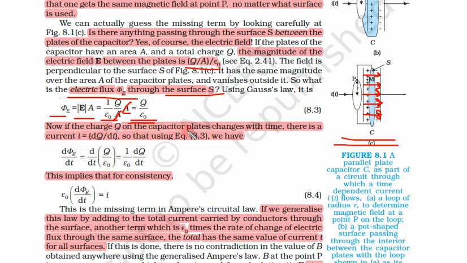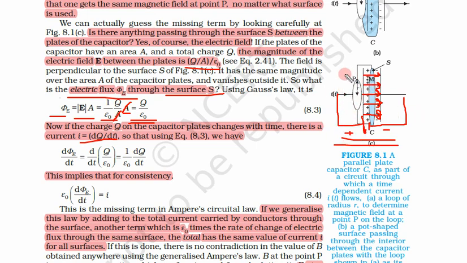Now if the charge Q on the capacitor plates changes with time, there is a current I equal to dq by dt. Why have they put this term? Because we know the capacitor keeps on charging. As we put a battery here, positive side here, negative side here, this capacitor will keep on charging until it is fully charged, but we are not assuming that it is fully charged.